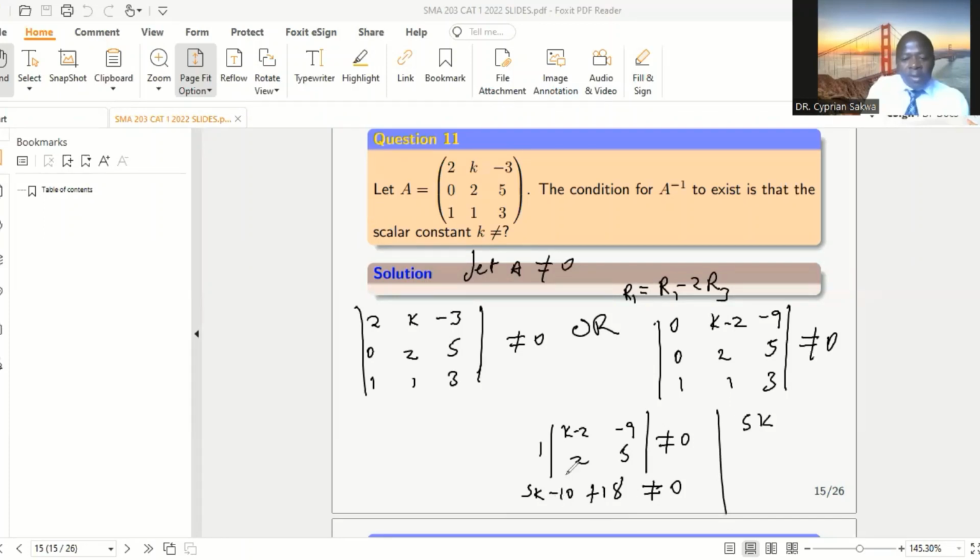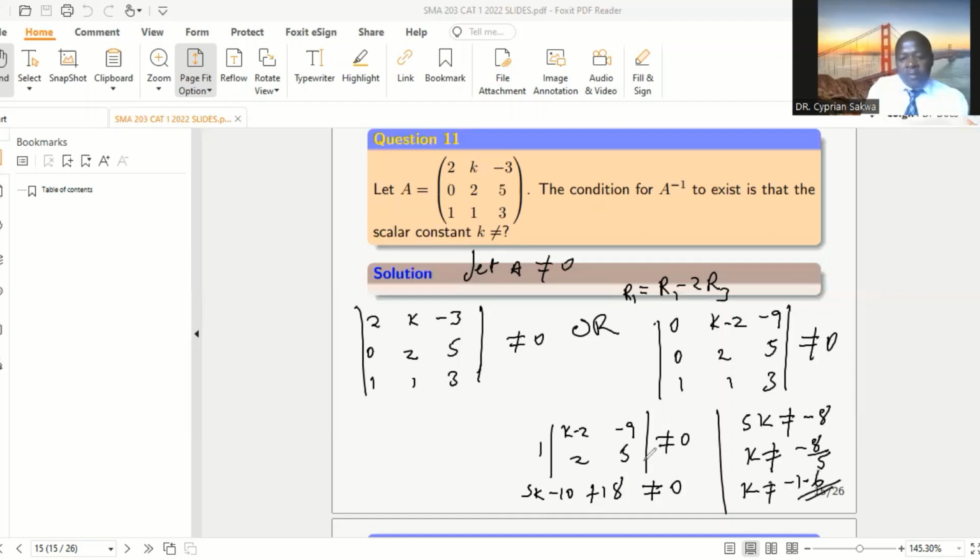I want to take that to the other side of the equal sign. And what am I taking there? I'm taking the negative 8, because this is 8. So that k, therefore, should not be equal to negative 8 divided by 5. Or k should not be equal to negative 1.6.